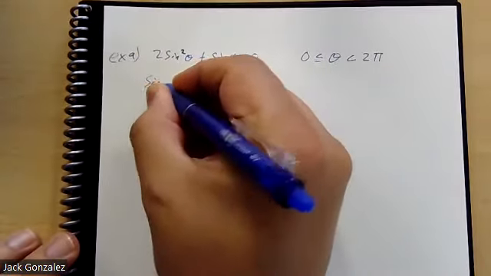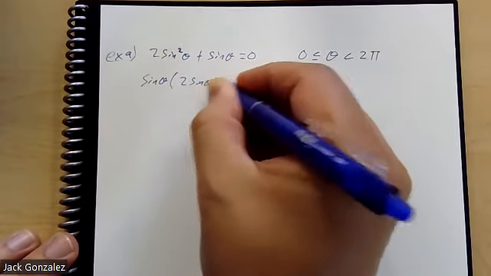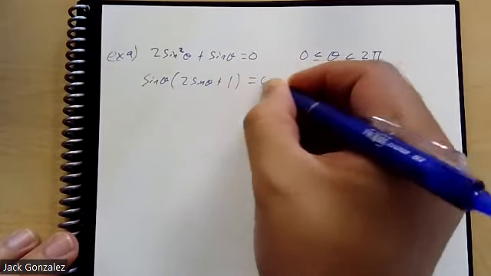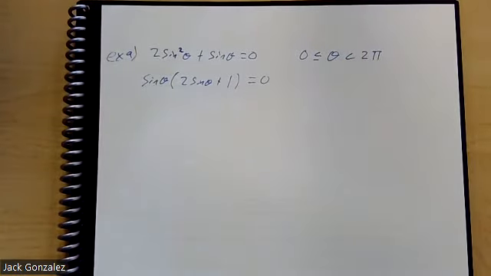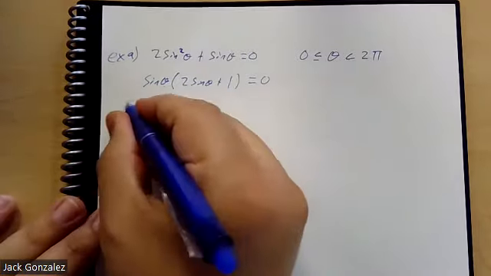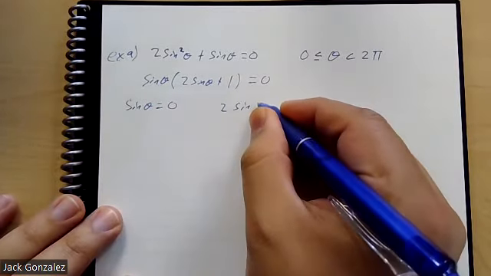They both have sine in common, so factor sine. It's not crazy. Once it's factored, you can set each part to 0, and you're pretty much good.